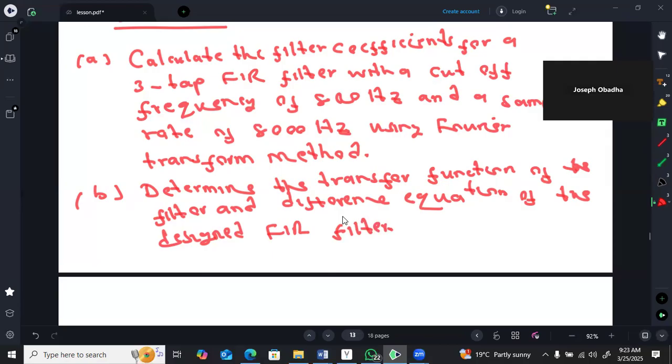So let's see how the solution of this equation goes.